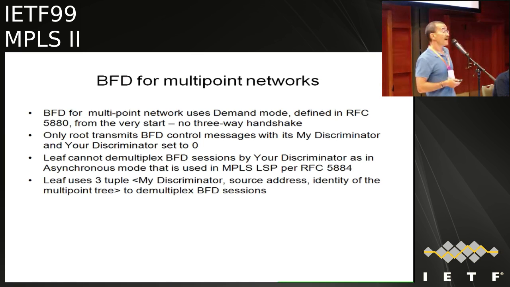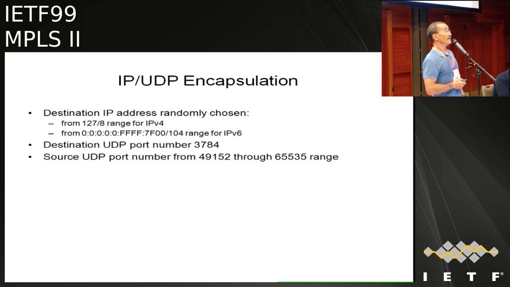So that sets some interesting restrictions on what we can do with point-to-multipoint MPLS. Yes, and actually there is some change in the state machine, because the session is viewed as up all the time. So one possibility is to use IP UDP encapsulation, as described in RFC 5884.